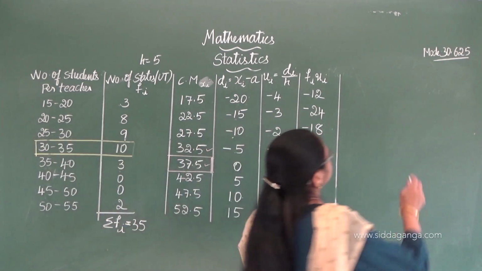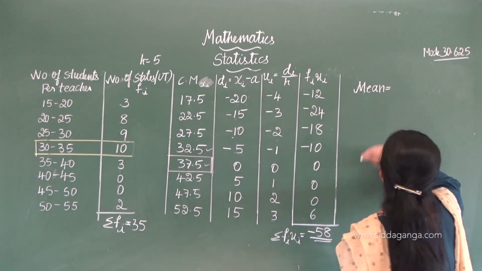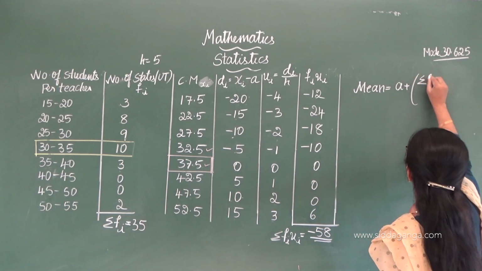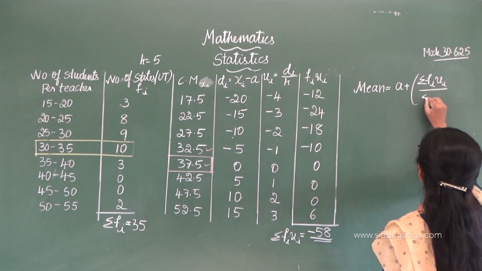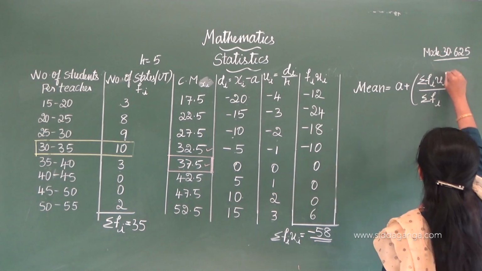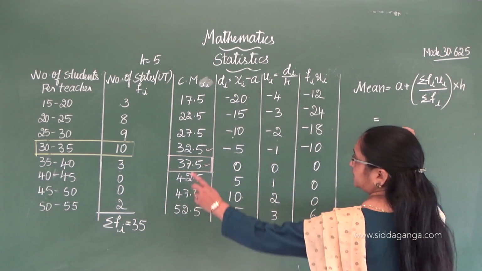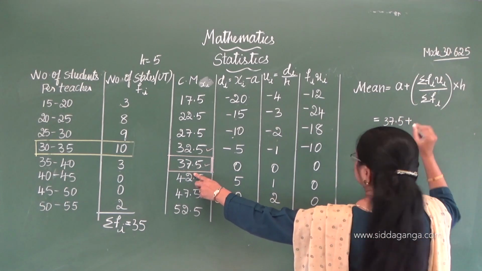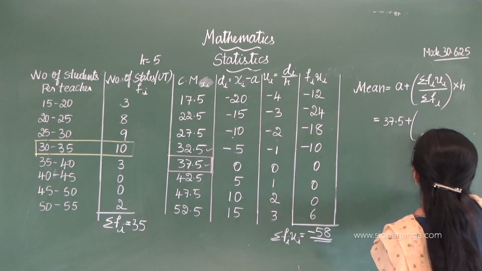Okay, let us calculate the mean. Mean is equal to, let us write the formula. Mean is equal to A plus sigma fi ui divided by sigma fi into H. Now A, assumed mean, is 37.5 plus sigma fi ui is minus 58.